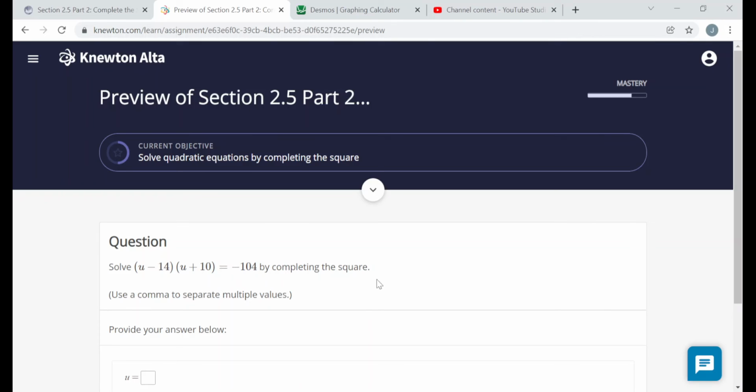Now this one, I've got to do some multiplying first before I can complete the square. Let me write this out. We're solving for u.